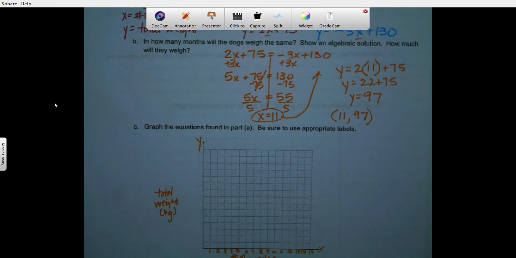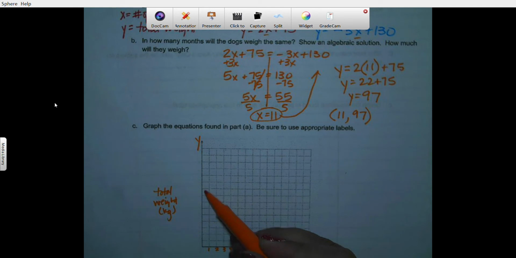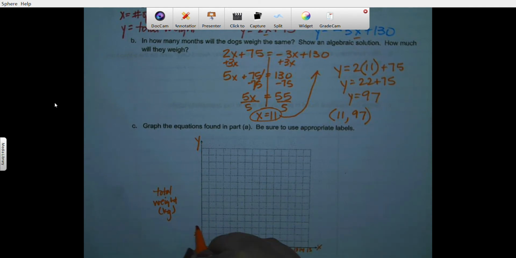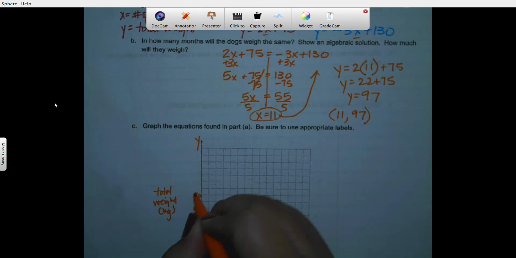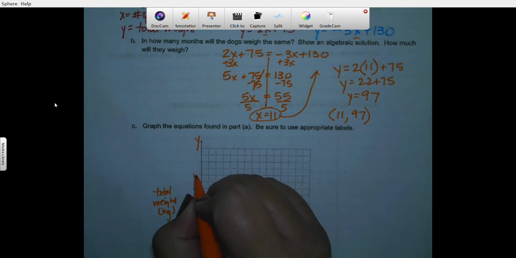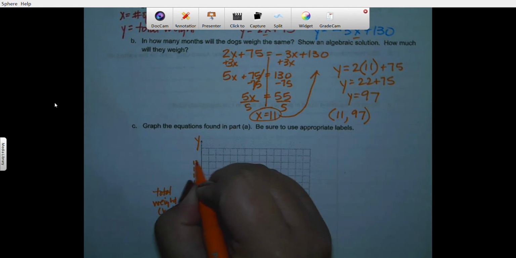And I know that I need to get all the way to 130 because Zeus starts, his y-intercept, at 130. I can't count by ones, 1, 2, 3, 4, 5, 6, all the way to 130, right? So you could choose to count by 5s, count by 10s. 5, 10, 15, 20, 25... I won't make it. So I'm going to count by 10s: 10, 20, 30, 40, 50. And I know that I need to get to 130.